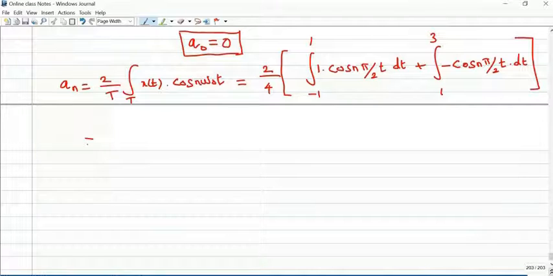Do the integration carefully and substitute the limits, and you will get the answer.